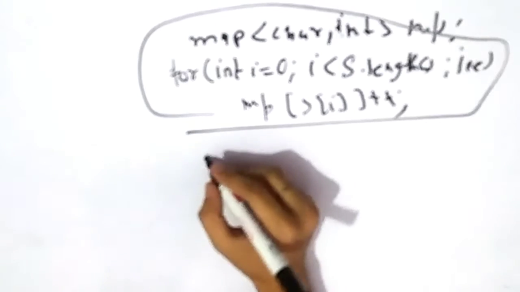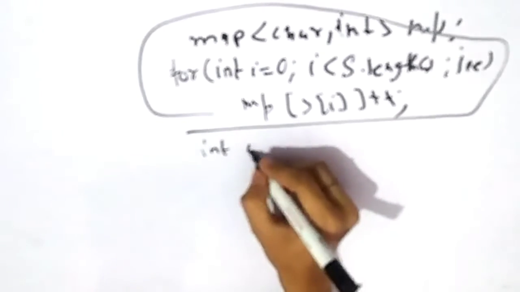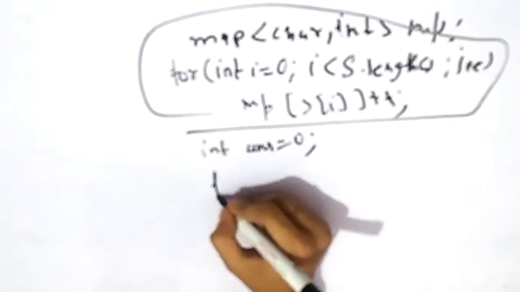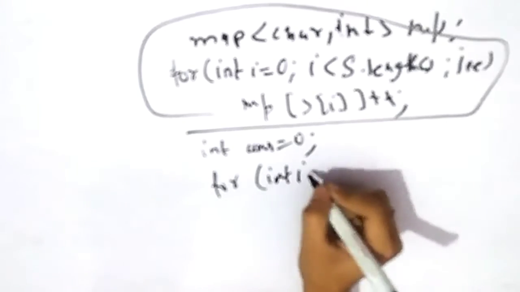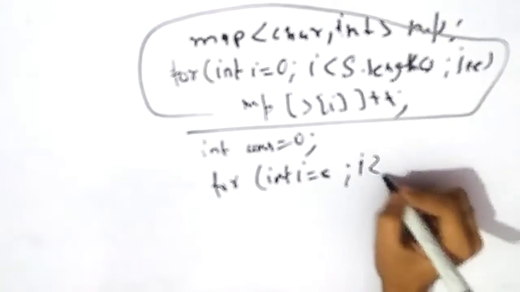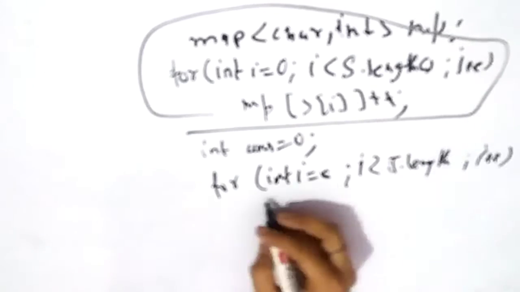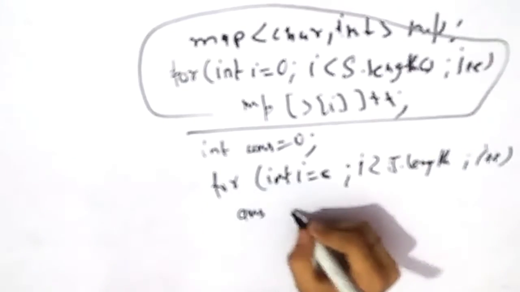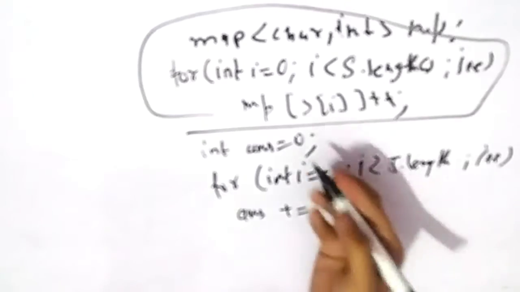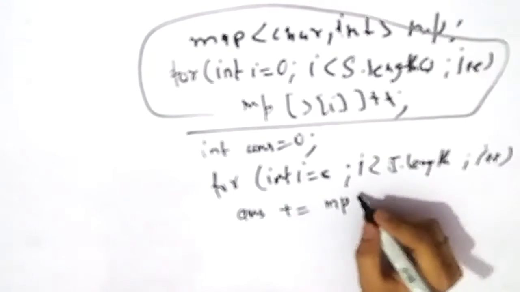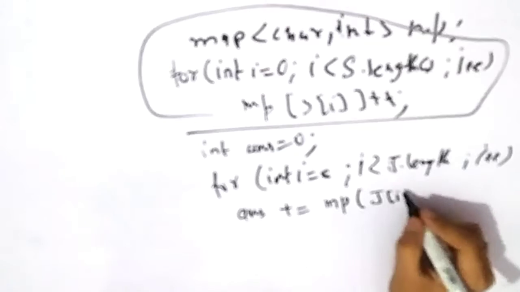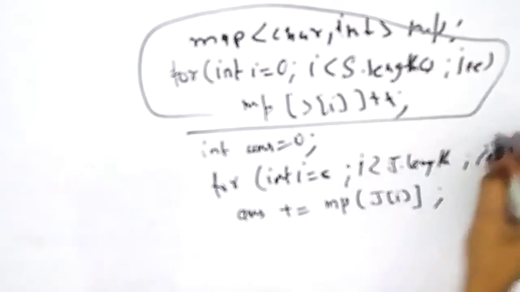This is the first step. Then you will take one variable, answer, equal to 0, and traverse through the other string, that is j, with i less than j dot length, i plus plus, and store the frequency of each and every character of the jth string.